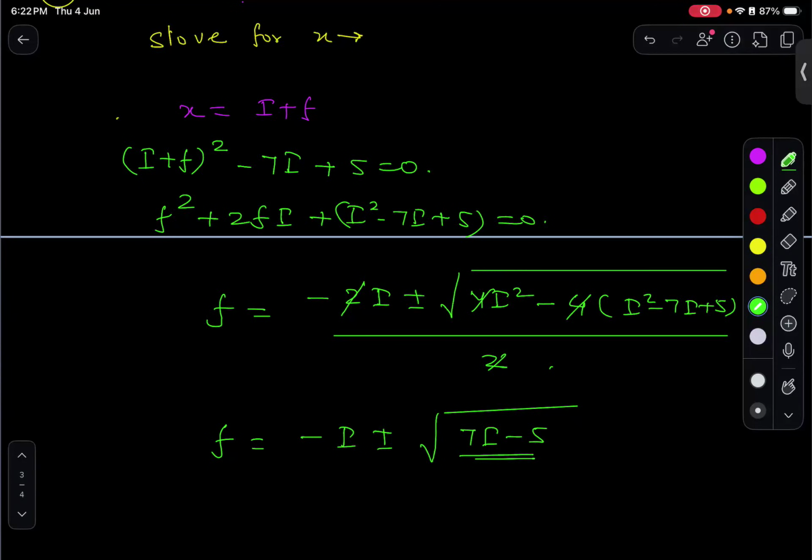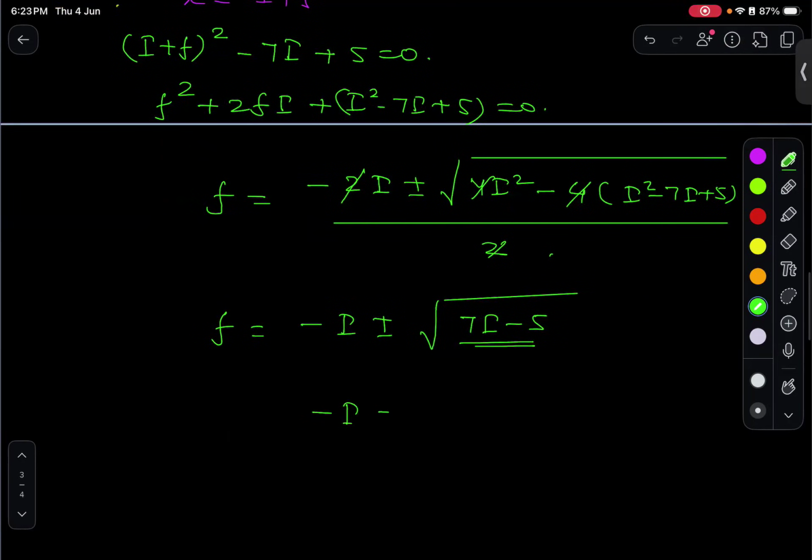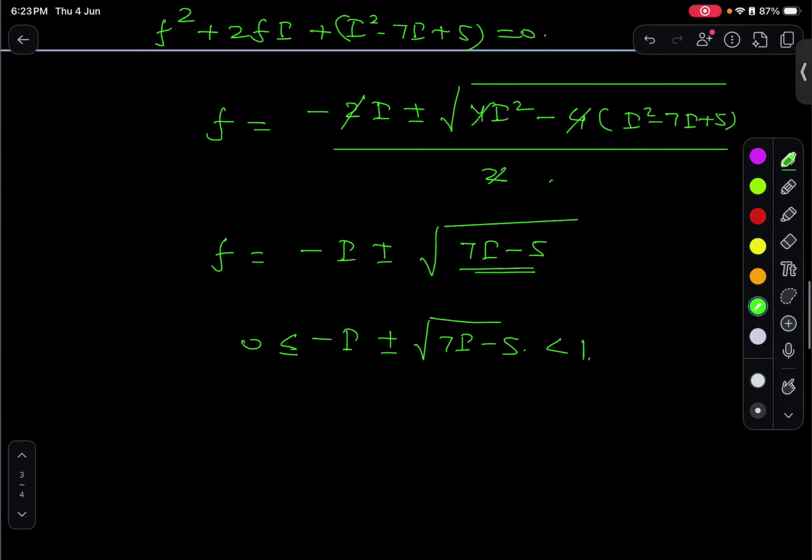7i minus 5 means I is greater than or equal to 5 by 7. Okay, so 1, 2, 3, 4, all the values are coming out. As well as minus I plus minus under root of 7i minus 5 lies between 0 and 1. Now you are able to bound this.